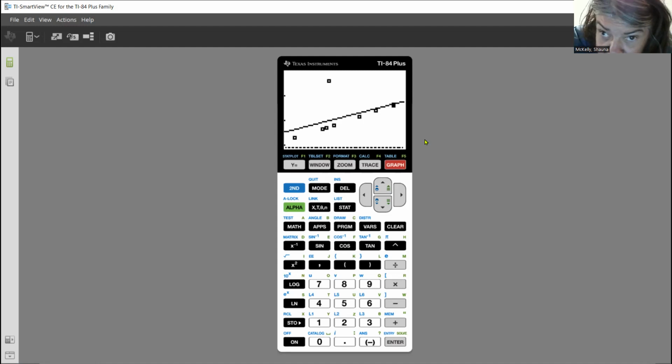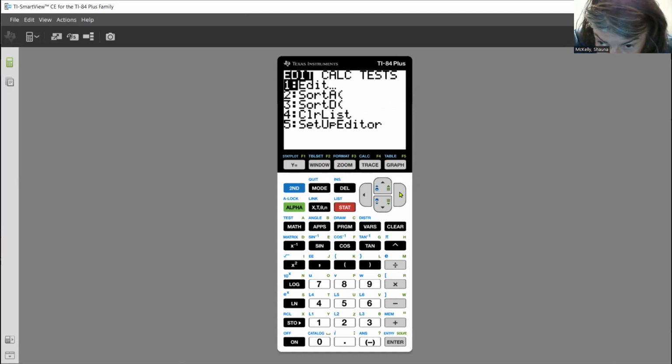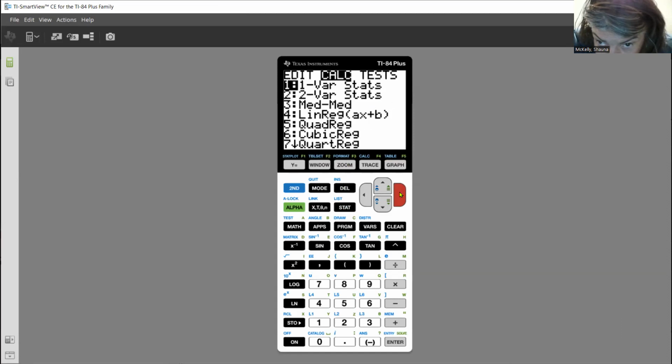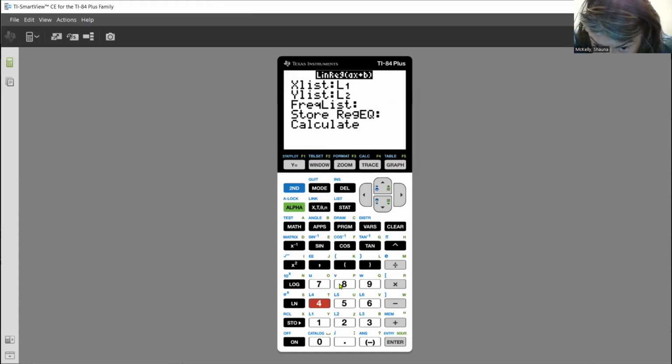Going to stop my screen share and my recording at this point, and then I'm going to come back to you. So now I've got this line, and let's take a look at our linear regression equation again.